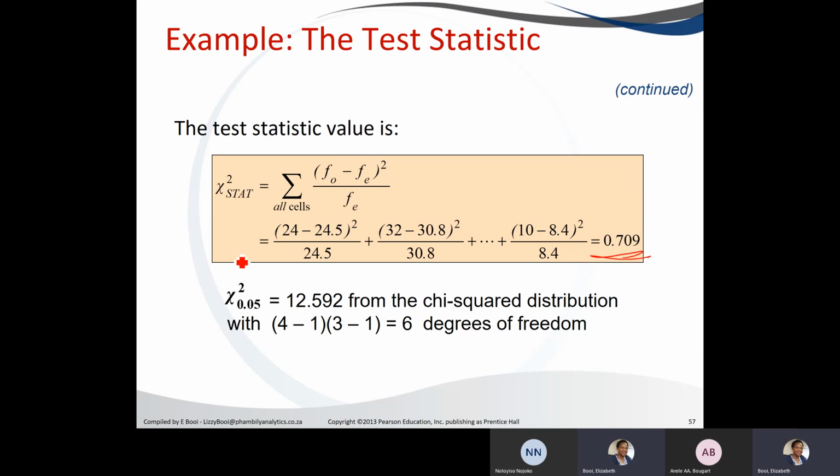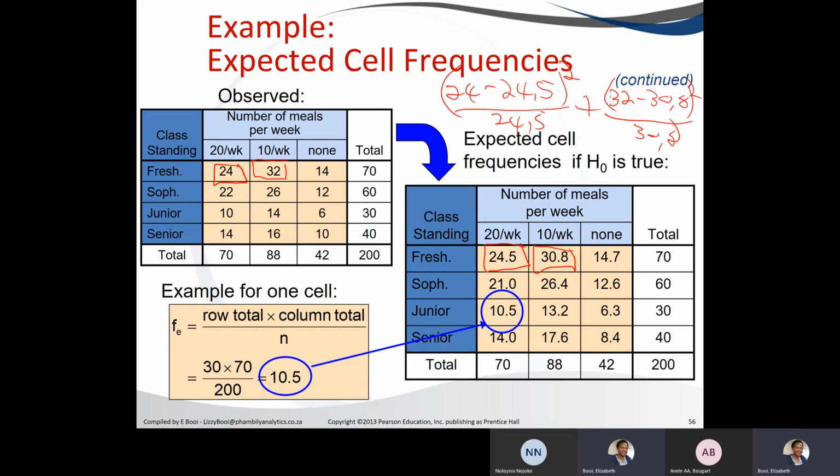Finding the critical value, we use alpha and the degrees of freedom. If this is our alpha of 0.05, the degrees of freedom, remember, is the number of rows minus 1 times the number of columns minus 1. Going back to our table, number of rows: 1, 2, 3, 4 rows. Number of columns: 1, 2, 3.